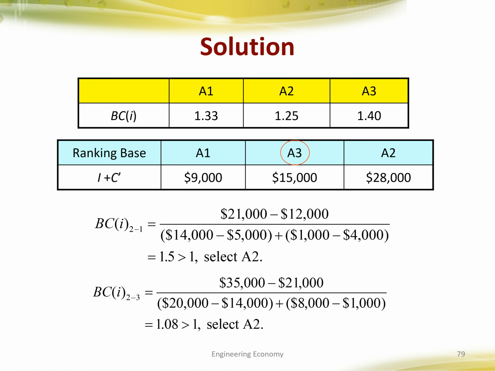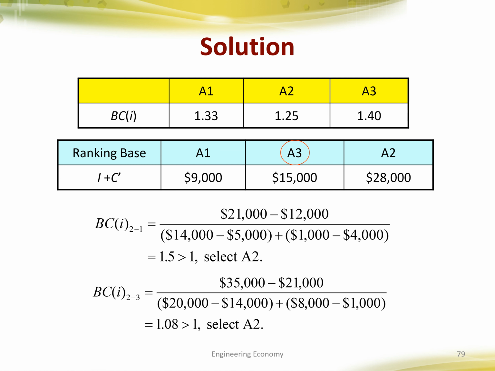But remember, I just mentioned in the previous slide that just by looking at the present worth of all three alternatives, we see alternative A2 gives us the largest present worth.